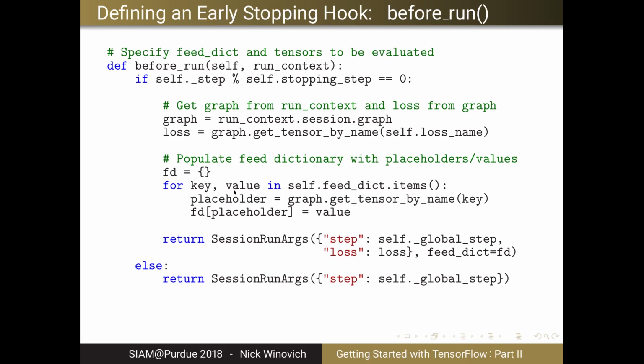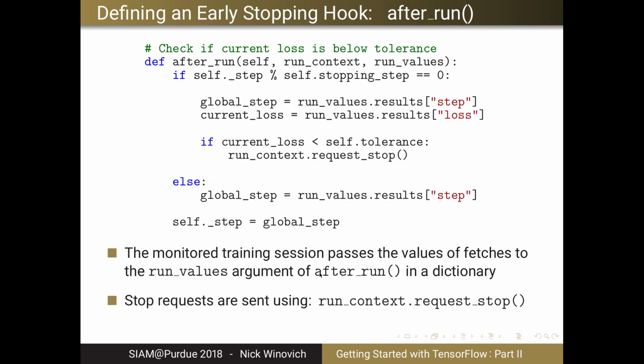And then we use the session run args, again, to basically specify what we want to add on, what we want to fetch. In this case, we want the global step and the loss, and we've given them names in this dictionary as step and loss. And if we're not at that stopping step, we just return the step. Okay, so that's kind of the most technical part. After the run, we just retrieve those values in the form of a dictionary.